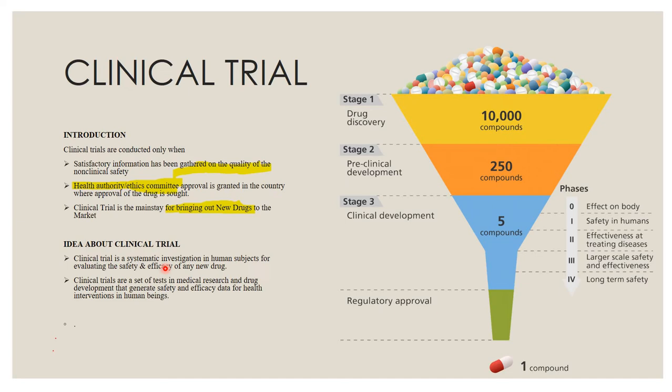So the clinical trial is a systematic investigation which always aims towards the discovery of drugs by evaluating their safety and efficacy. And next, what is the objective of clinical trial? It is a set of tests in medical research and drug development that generate the safety and efficacy data for health interventions in human beings.